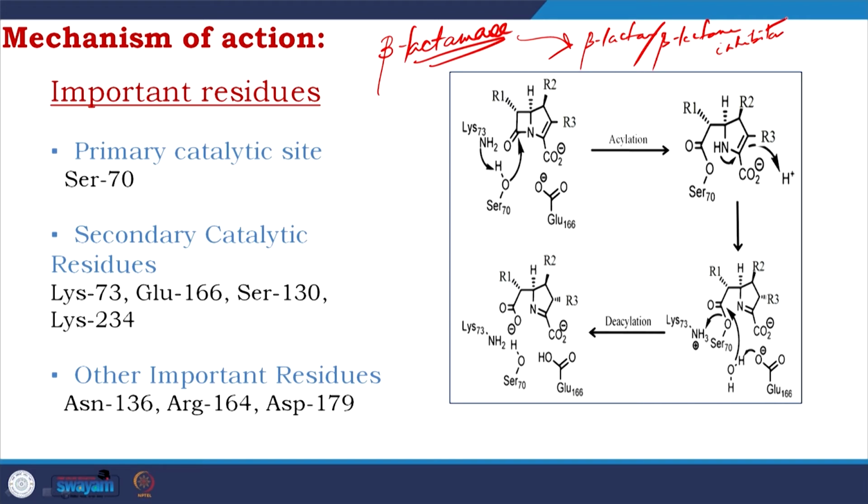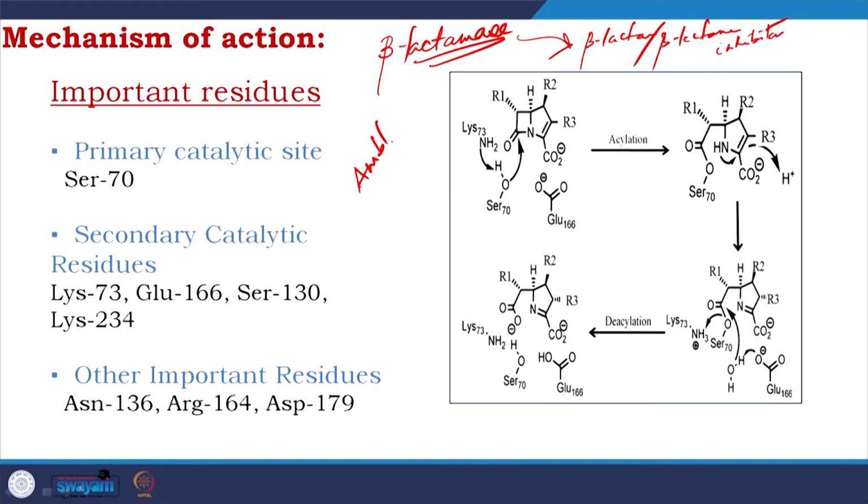What does this mean? This means that because this enzyme is so important, people have developed a language to talk about this, which is called Ambler's classification.